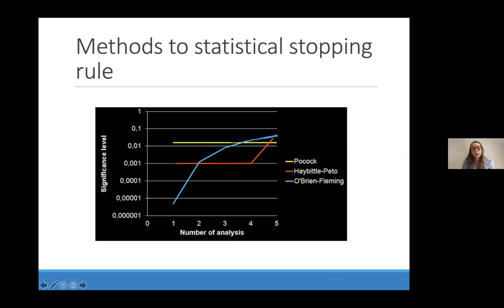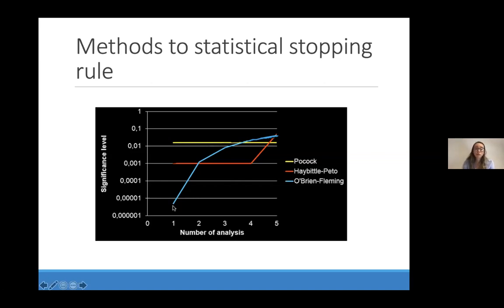Yeah, as you said, the Pocock is easier to interpret and use because you have the same p-value along the trial. So you divide your final p-value by the number of analyses that you would do. It has some disadvantages, like you increase the chance to stop the trial earlier, right?